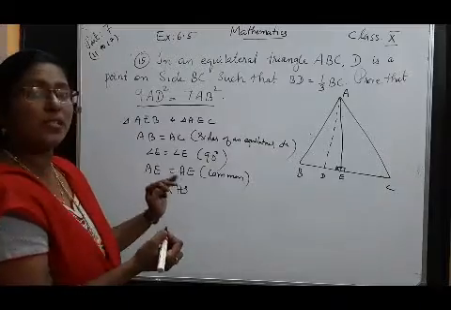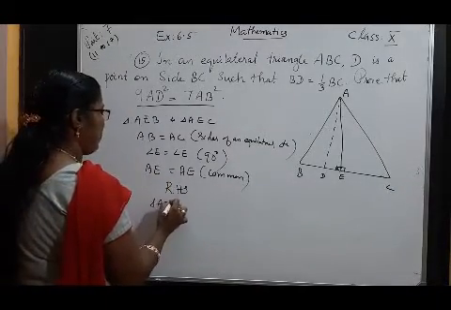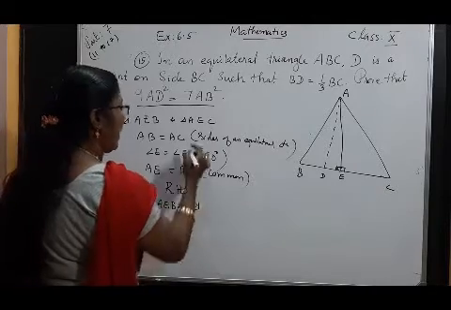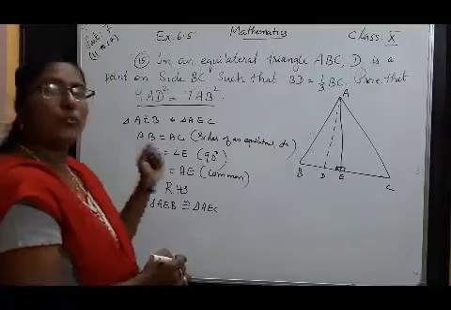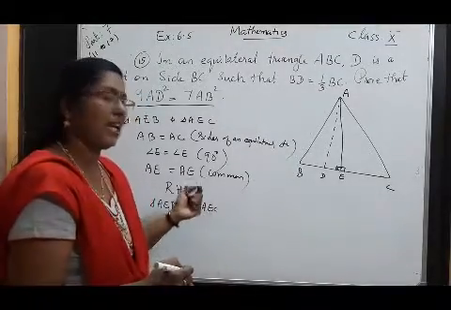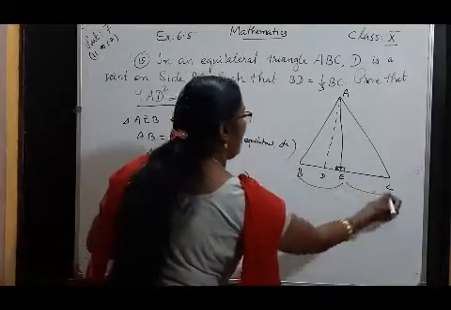By RHS congruency, we can say that triangle AEB congruent triangle AEC. Okay. Then if the two triangles are congruent, their corresponding parts are equal. So we can conclude BE equal EC.